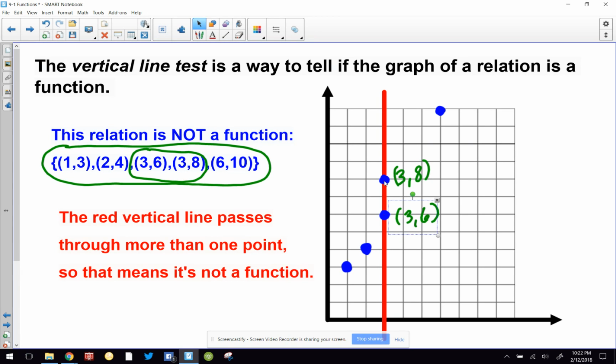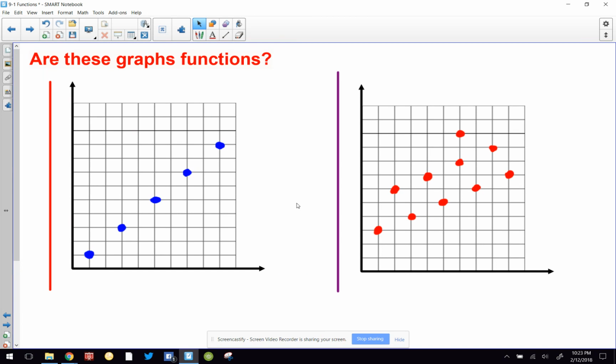So you can tell that when 2 points are graphed vertically to each other or on top of each other, it's easy to tell that this is not a function, because that's what's going to happen. You're going to see 2 dots that are plotted vertical to each other. So the vertical line test is a real easy visual way to tell if the graph of a relation is a function or not. So let's try it out.